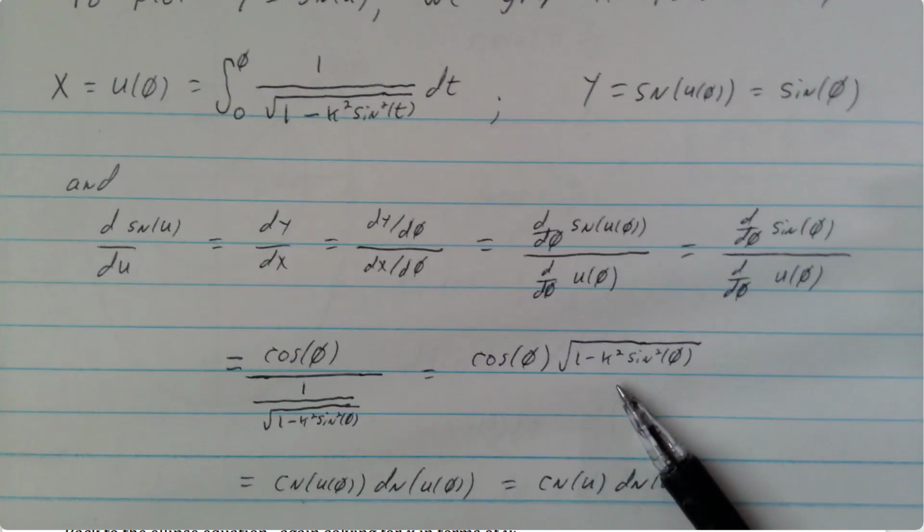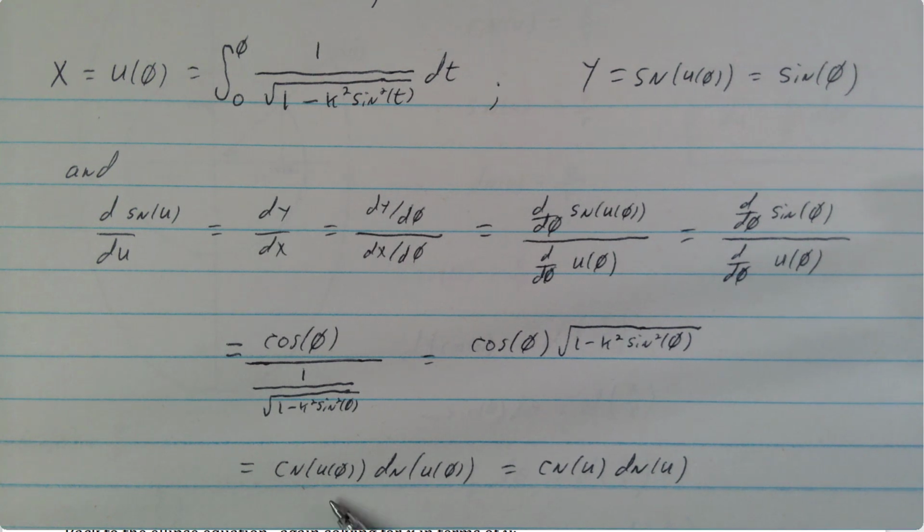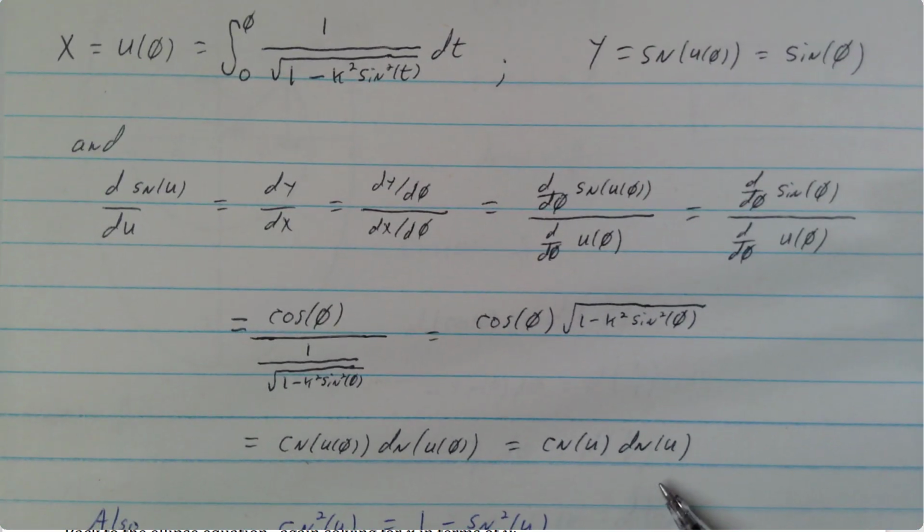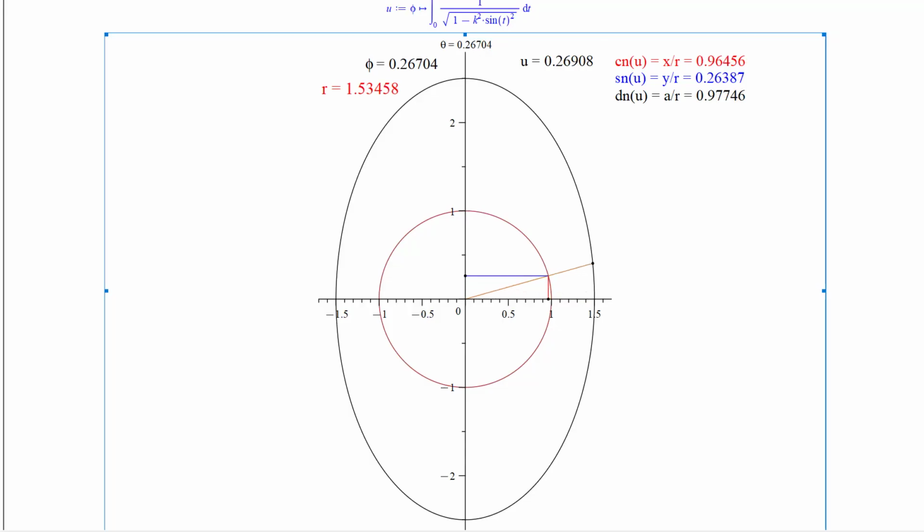And you get this, which of course cosine phi is cn u dn u. So again, here we can see as I go around the ellipse, I'm going around at a constant rate. So going around the circle at a constant rate. But theta and phi are always the same value.